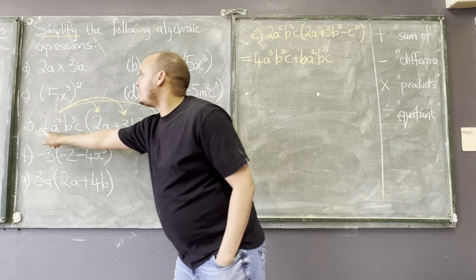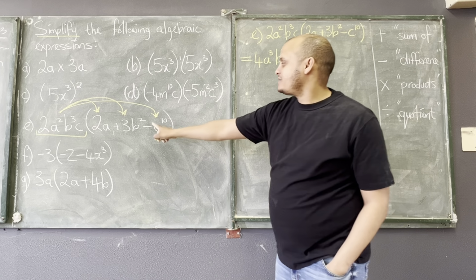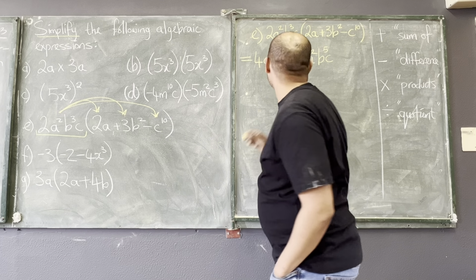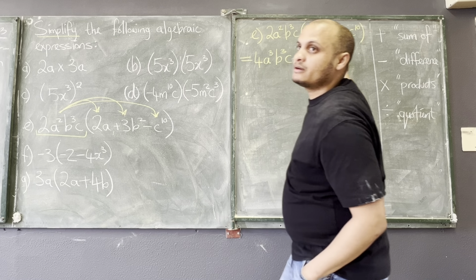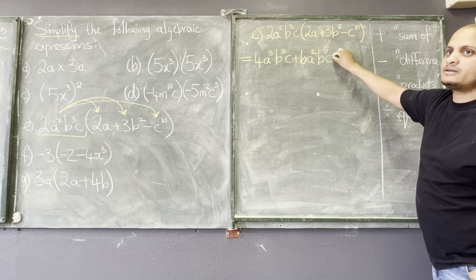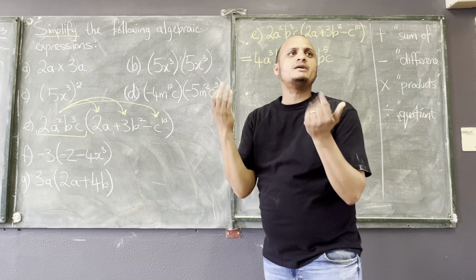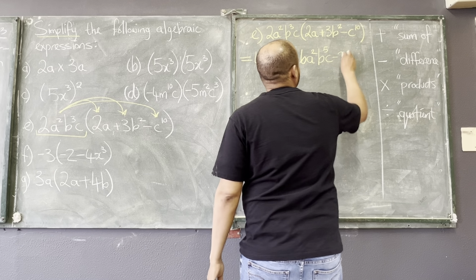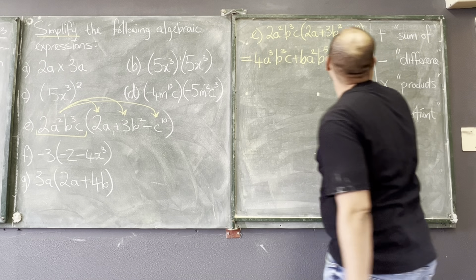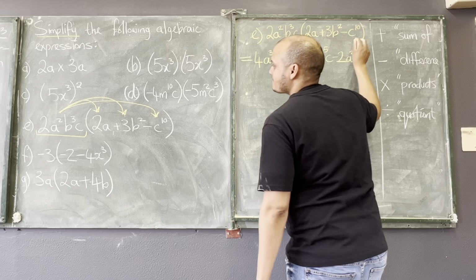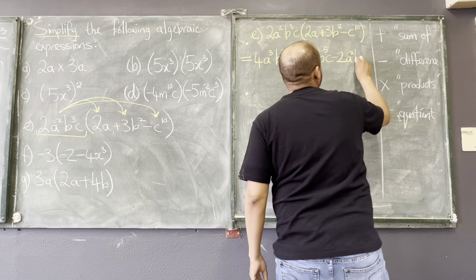Last one. I'm multiplying 2 now with what number here? The negative 1 that's in front of the c to the power 10, so it's 2 times negative 1, which gives me negative 2. a to the power 2 times, there's no a, so a to the power 2 stays a to the power 2. b to the power 3 times, there's no b's either, so b to the power 3 remains b to the power 3.